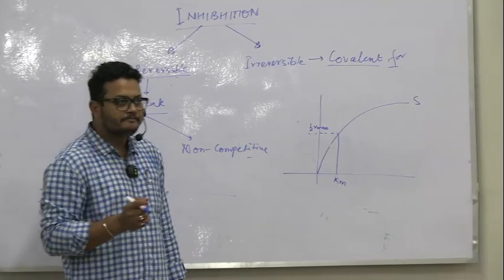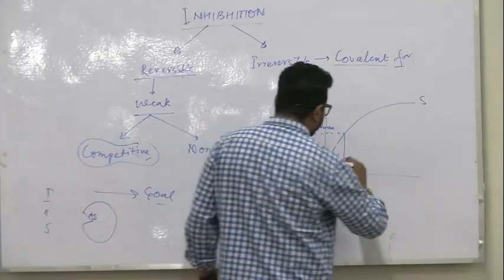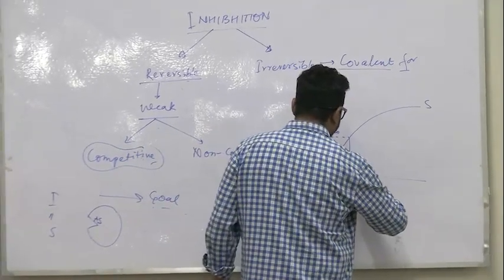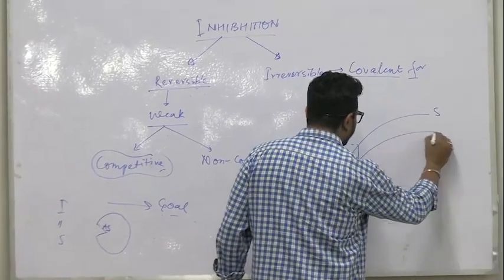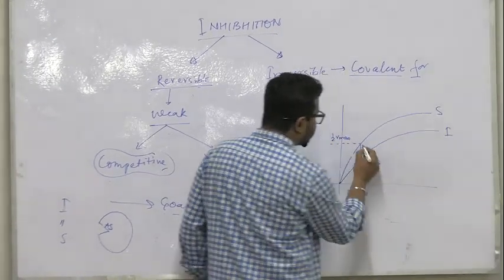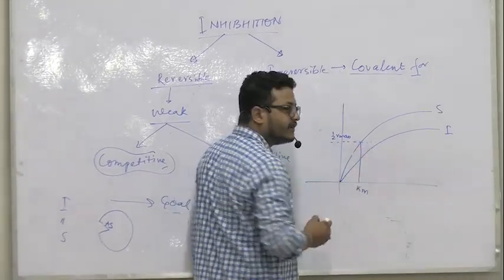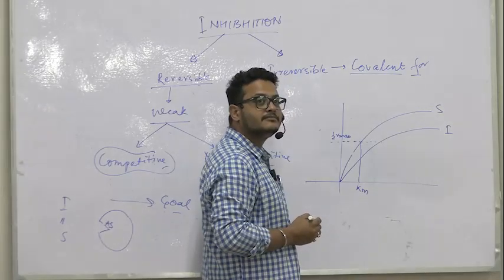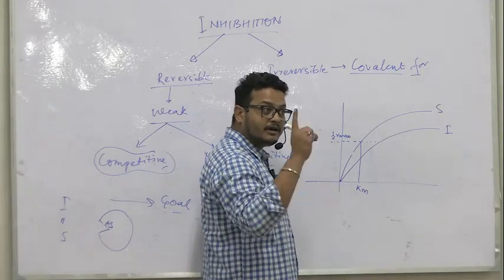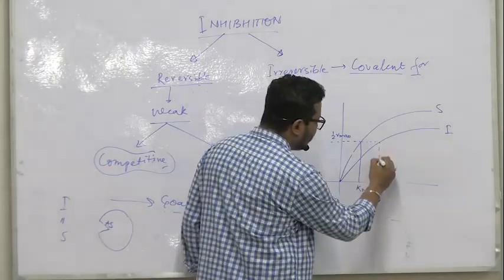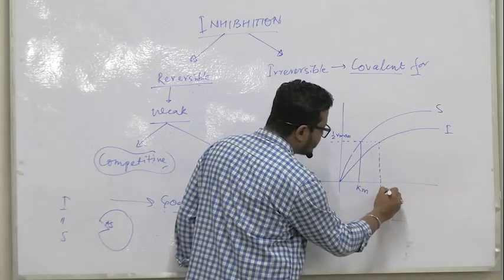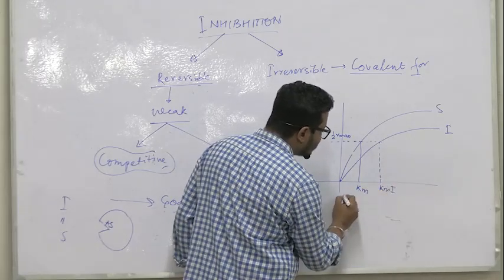Without inhibitor. Now when you add inhibitor, see, the Vmax remains the same, no change, but the Km increases, yes or no?